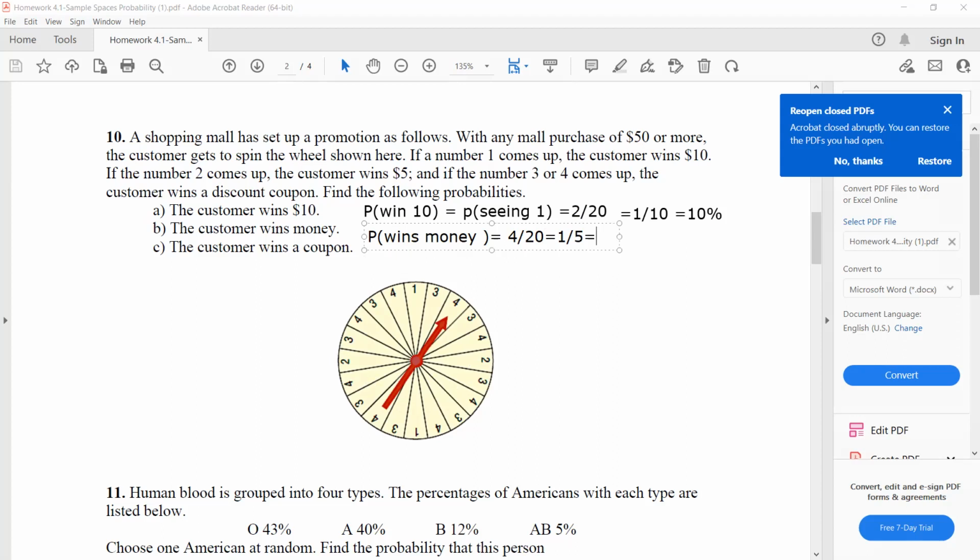Wait, 1/5? Don't you mean 1/10? It's 4 out of 20, isn't it? Yes. The first question, that they win $10, is 1/10. The second question, that they win money, is 4 out of 20, or 1/5.